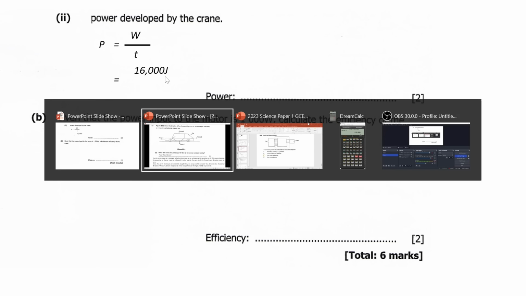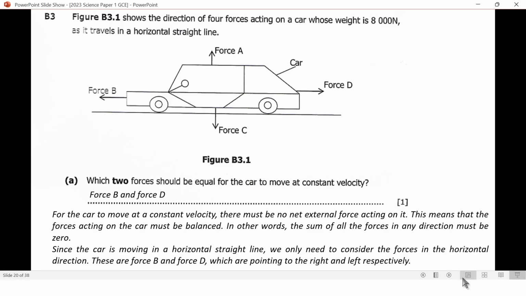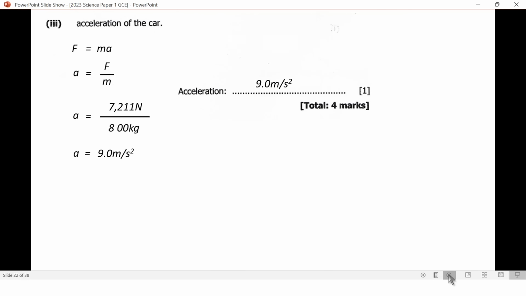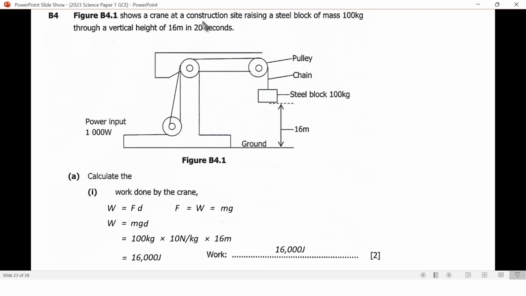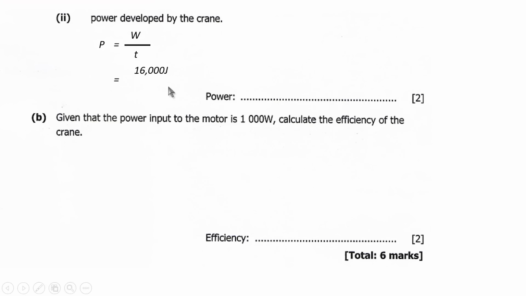Now what was the time here? So let's check for time in this situation. The time here was actually 20 seconds. So we'll divide by time, 20 seconds. If you divide 16,000 joules by 20 seconds, you get 800 watts. So the power here will be 800 watts.